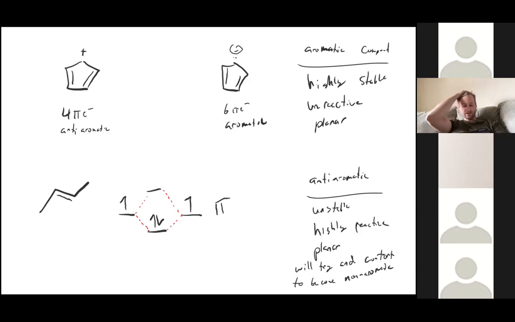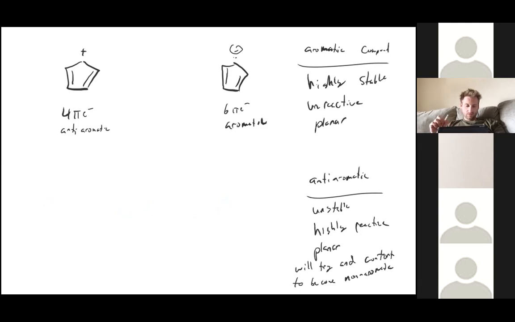When we do this for a cyclic system, we're going to use what's called the point rule, where the size of your ring is going to determine the number of orbitals you have.